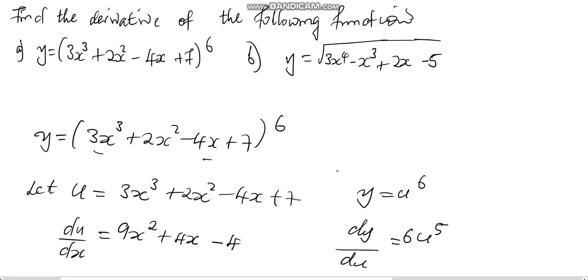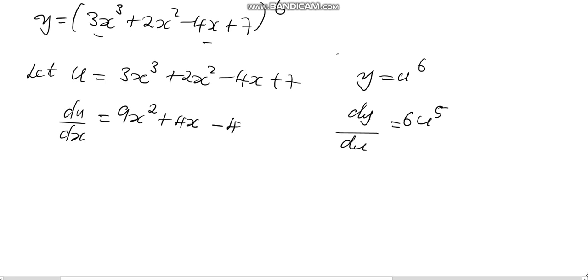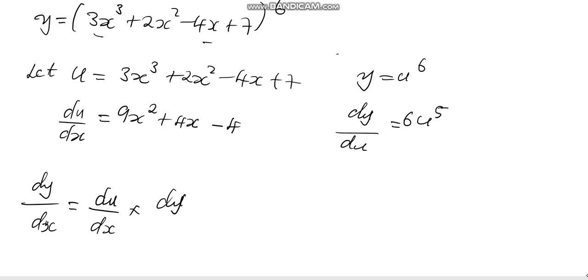Now the chain rule states that the derivative of y with respect to x is simply equal to the derivative of u with respect to x multiplied by the derivative of y with respect to u. So we go right ahead and plug in the values of du dx and dy du.